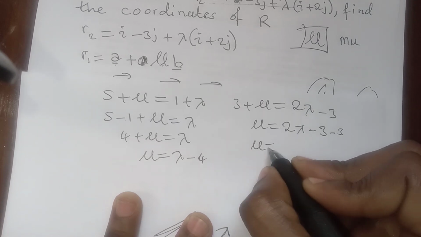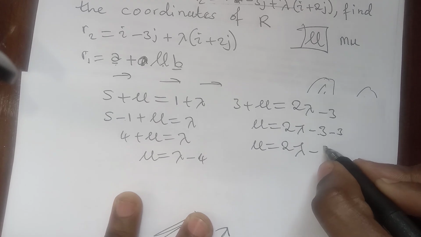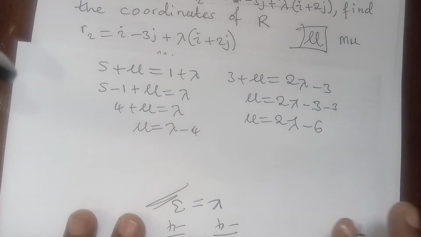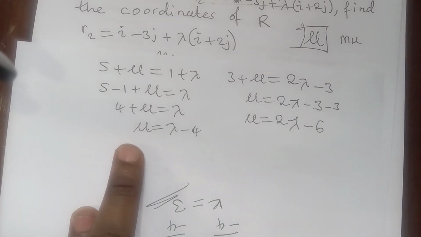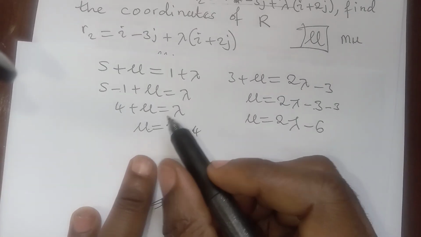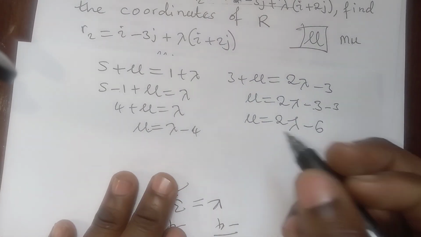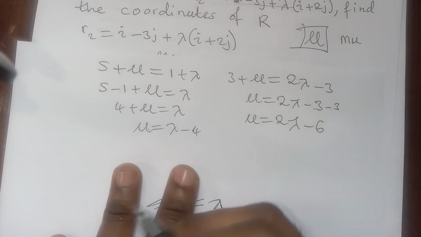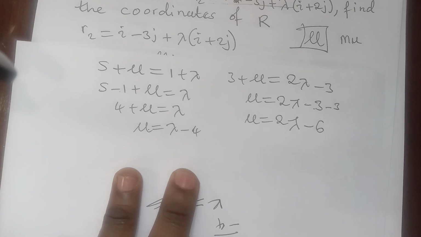You have mu is 2 lambda minus 6. And then now you can equate this to that to solve for lambda. If you want to solve for mu, you can just make lambda the subject of the formula. You don't need both, by the way. Maybe you can find both just to verify your answer.